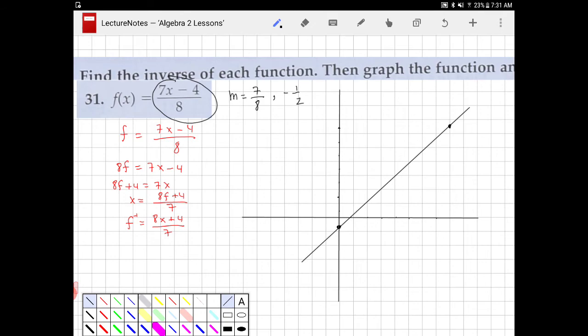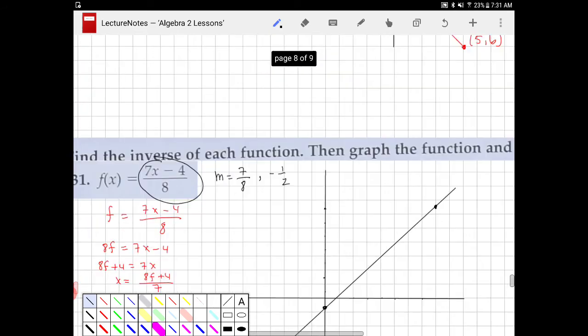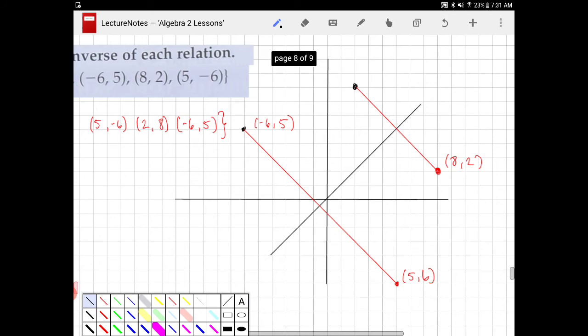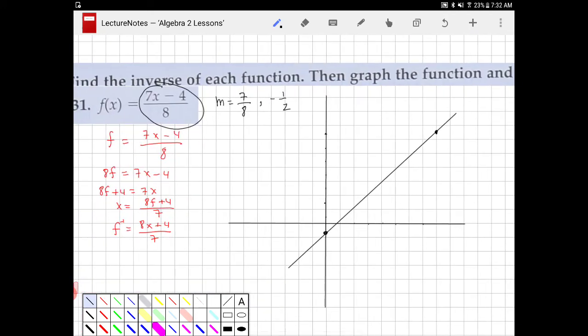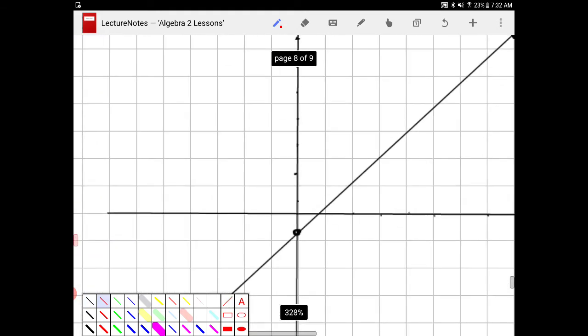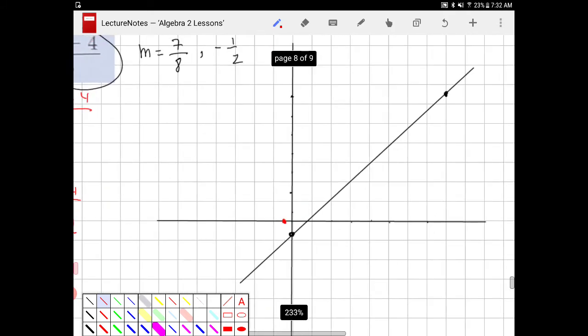Now I need the graph of the inverse. So the graph of the inverse, unfortunately, is not going to be any easier. So what we're going to do is apply that understanding of what we just went through with the example up above, and that is I'm going to perform a reflection of these points. So this y-intercept becomes that x-intercept.